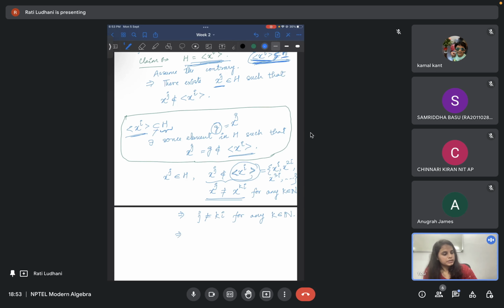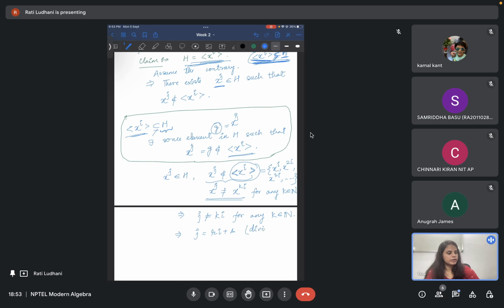And this implies, now what you can actually write, J is equal to, okay, I should not introduce k here, but that's okay. Let's take new variables here, maybe R or S. Now I have used the division algorithm.